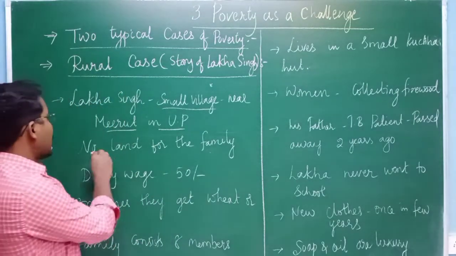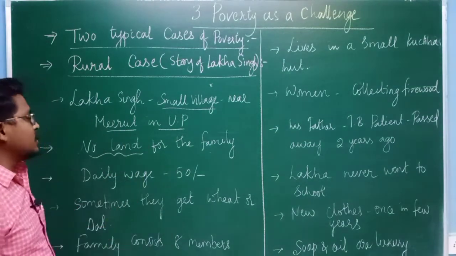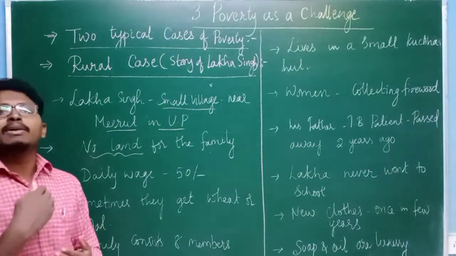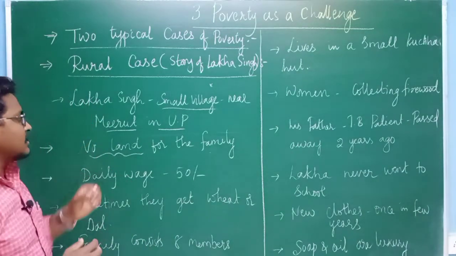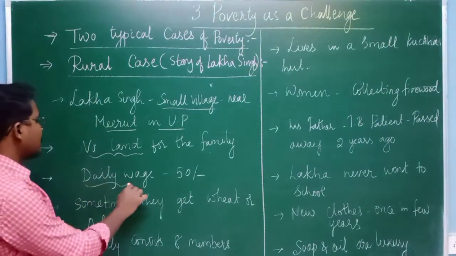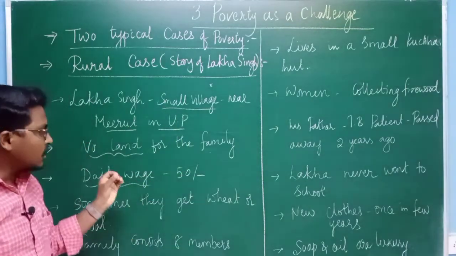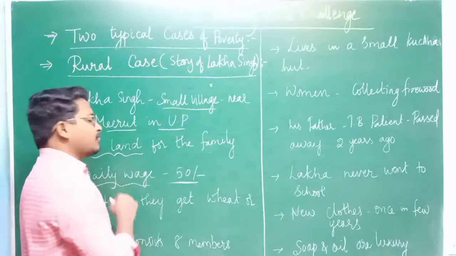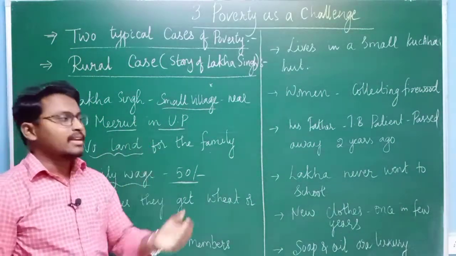His family does not own any land, and in order to meet the family requirements and get food, Laka Singh has to work as a daily wage laborer on a big farmer's land, and he would hardly get 50 rupees for working as a laborer for the entire day.